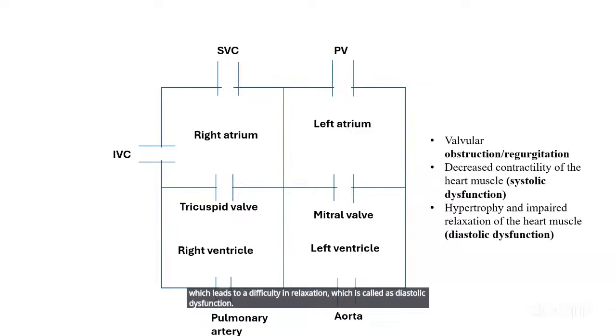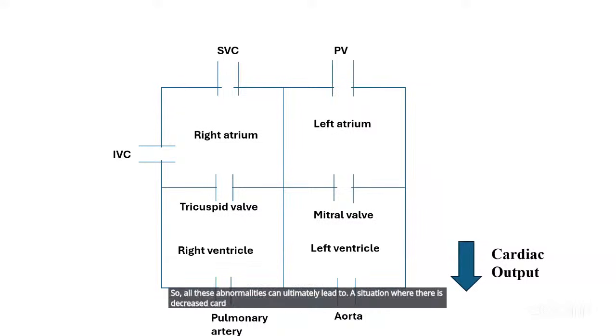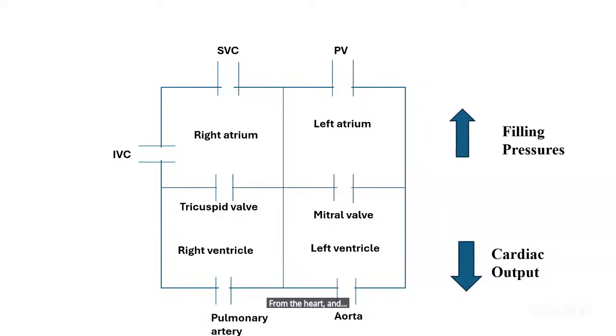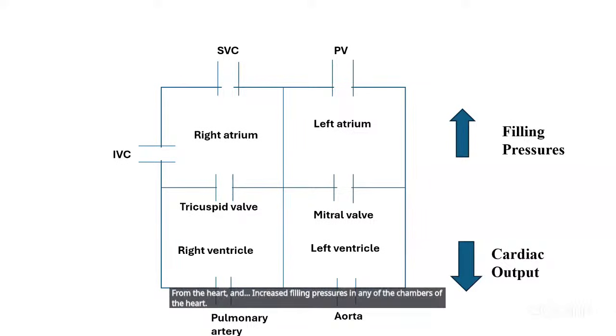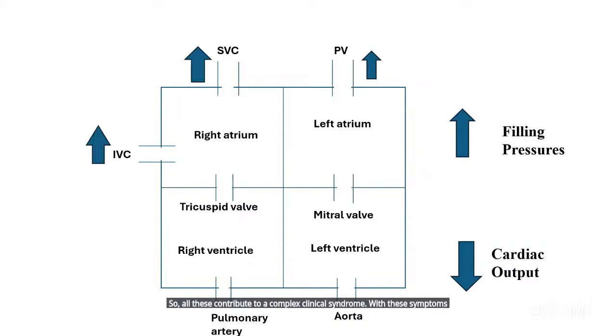So all these abnormalities can ultimately lead to a situation where there is decreased cardiac output, that is decreased ejection of blood from the heart, and increased filling pressures in any of the chambers of the heart. So all these contribute to a complex clinical syndrome with the symptoms we'll discuss in detail again.